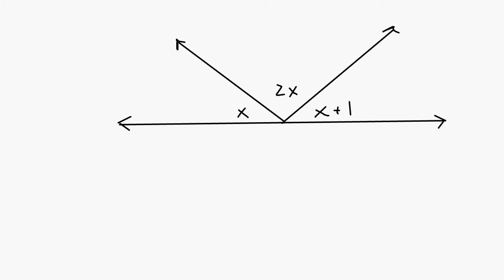Because you know by definition what they all add up to. Because aren't all of them together form a straight line? Yeah, so in that case you would say, well, x plus 2x plus x plus 1 has to equal 180. Okay? So in that case, I didn't tell you what the big angle was. I told you, but I told you indirectly.